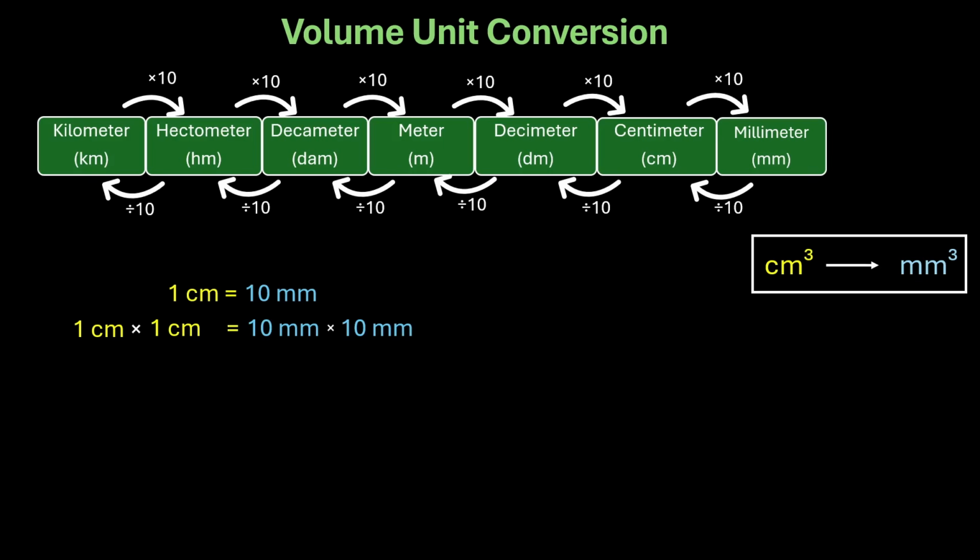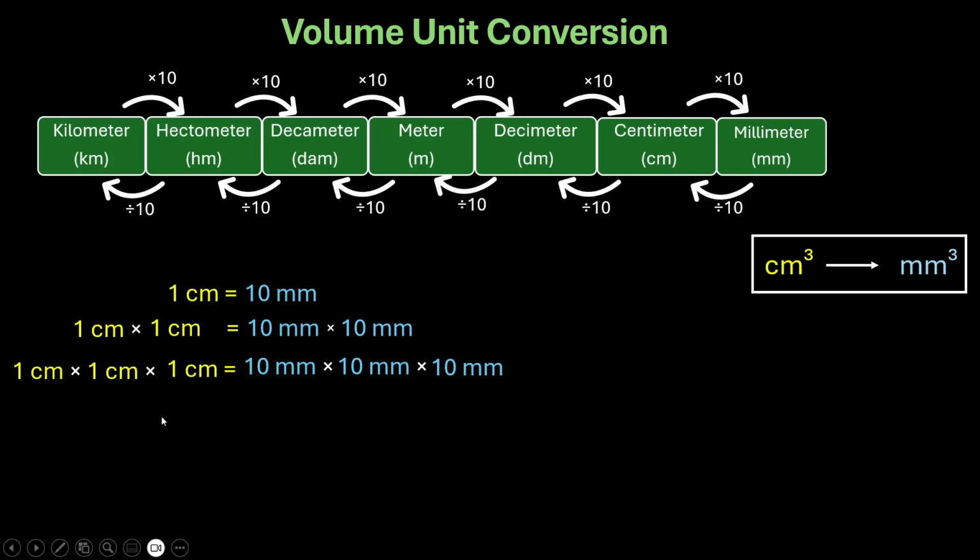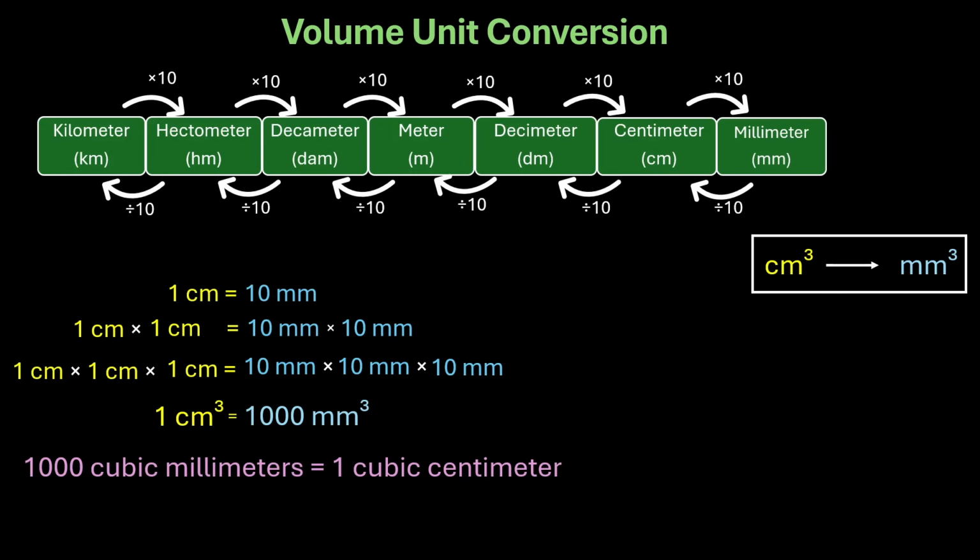And similarly, if I multiply 1 centimeter to itself 3 times, 1 centimeter into 1 centimeter into 1 centimeter, that will be equal to 10 millimeter multiplied to itself 3 times, right? Now, 1 into 1 into 1 is 1, and centimeter multiplied to itself 3 times would give us 1 centimeter cube, and that would be equal to 10 into 10 into 10, which is 1000 millimeter cube. So we can say that 1000 cubic millimeters is equal to 1 cubic centimeter.